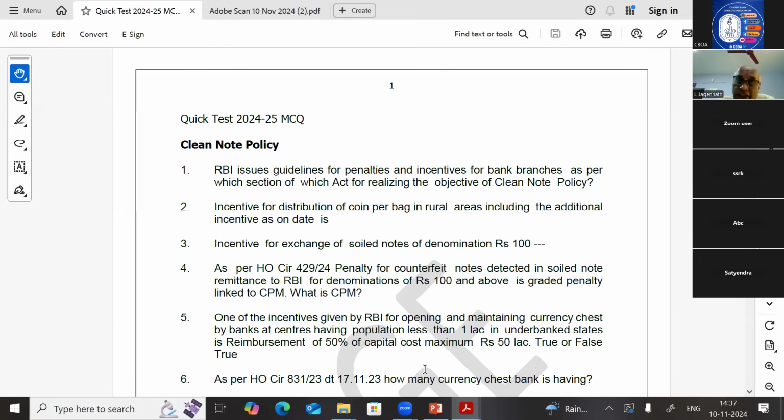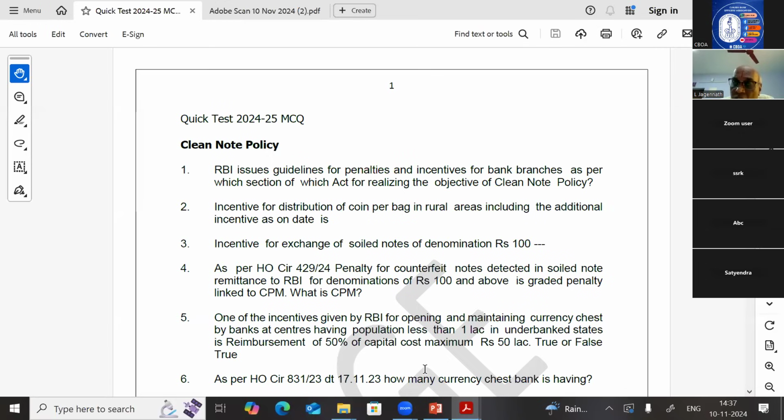The two sections and two acts are section 35A of the Banking Regulation Act and section 45 of the RBI Act, which talk about various incentives and penalties RBI will impose on banks.